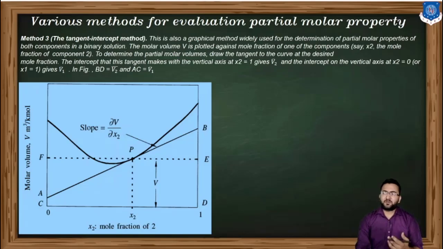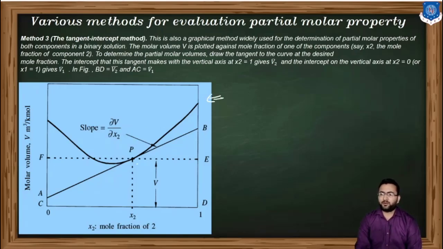To determine partial molar volume, draw the tangent to the curve at the desired mole fraction. The intercept of this tangent with the vertical axis at X2 equal to 1 gives the partial molar volume of component 2, and the intercept on the vertical axis at X2 equal to 0, or X1 equal to 1, gives the partial molar volume of component 1, as shown in this figure.